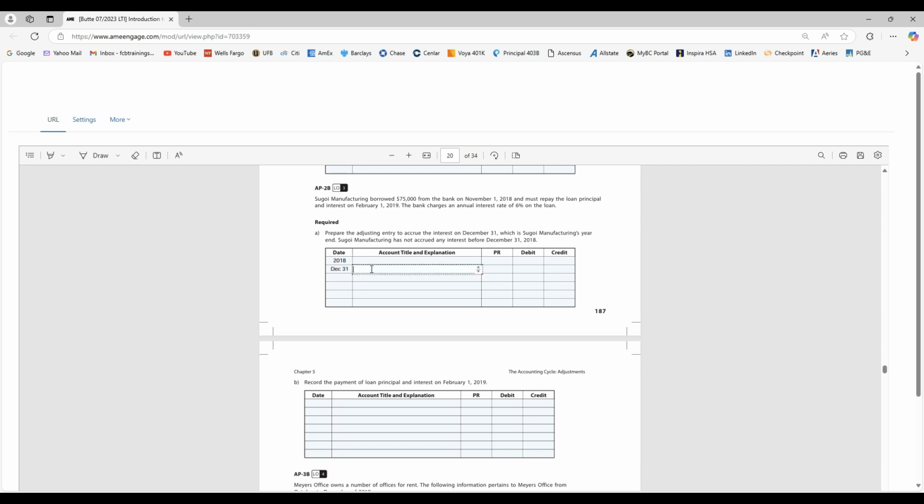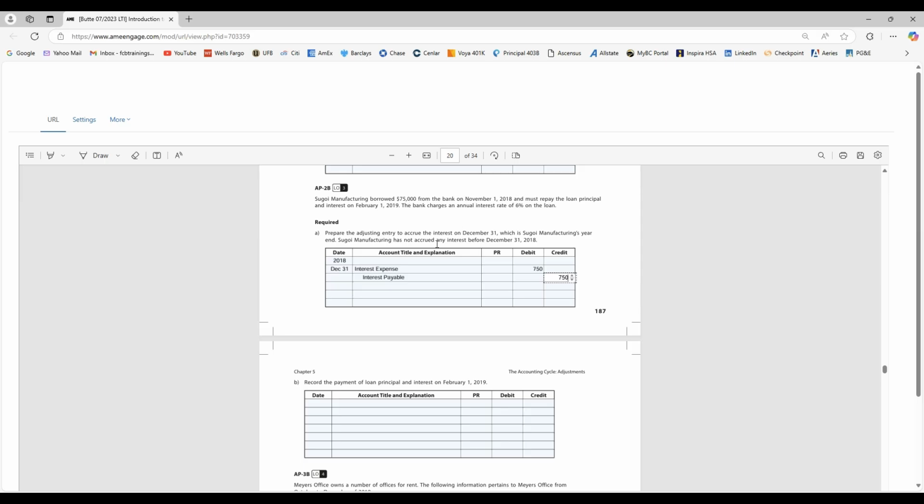So then we're going to book our journal entry. Since we're talking about interest, this is our interest expense, which is our debit, and then interest payable will be our credit. Again, that was taking the 75,000 total amount times 6% to get an annual amount of interest expense associated with this loan.